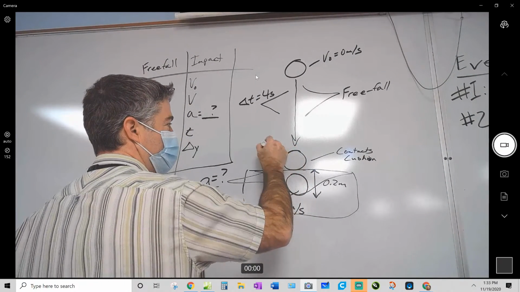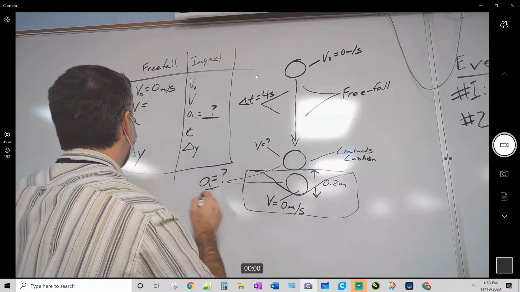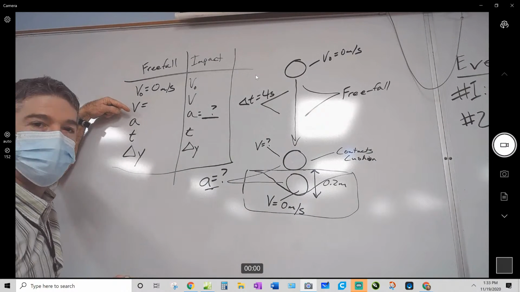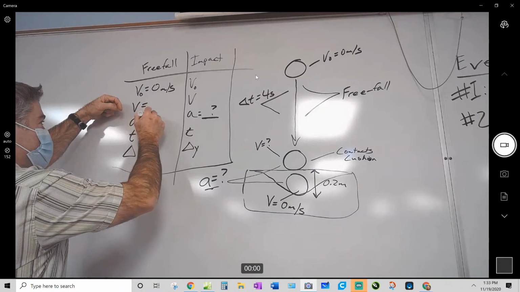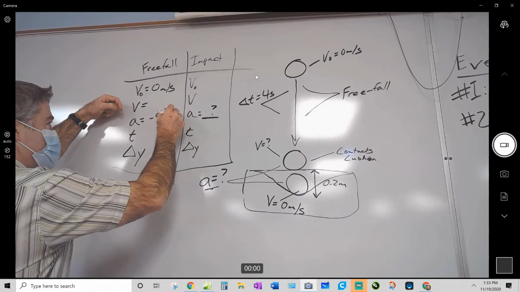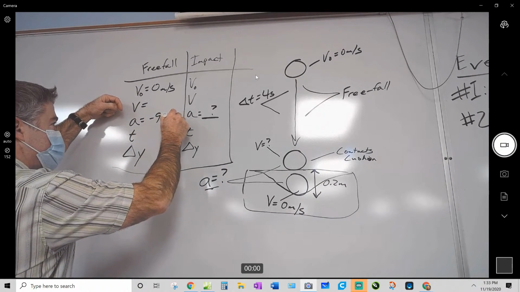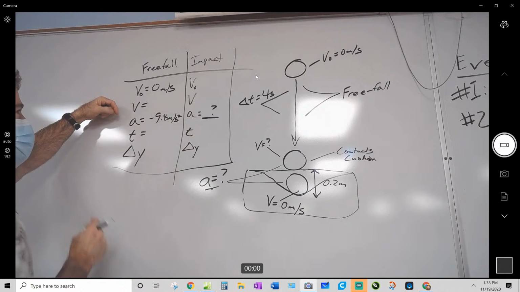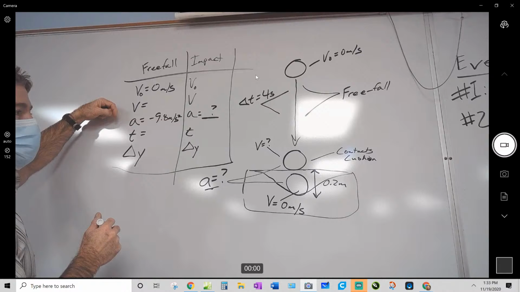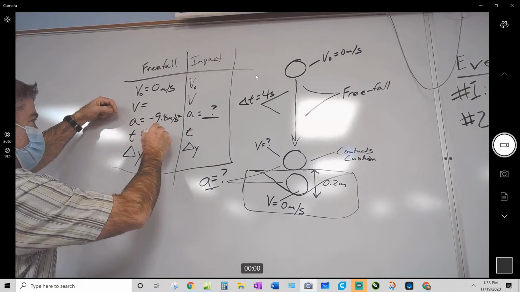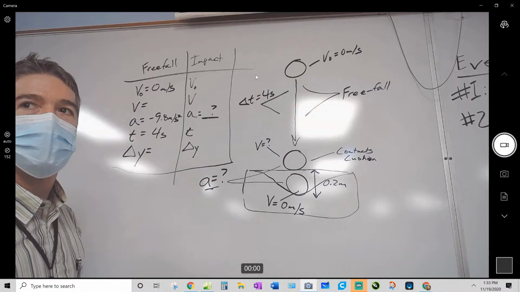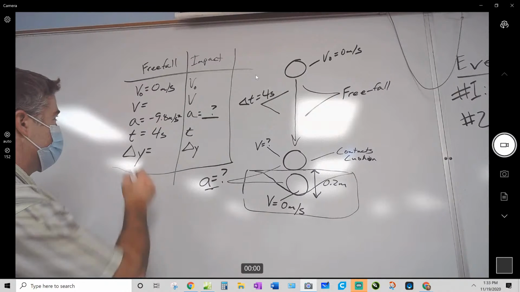I don't know that, so can't fill that in. Do I know the acceleration during free fall? Negative 9.8 meters per second squared. And do I know the time period for free fall? 4 seconds. And do I know how far it fell? No. So don't know that.